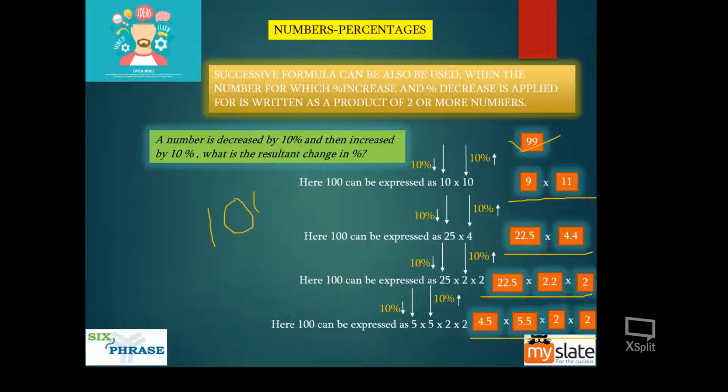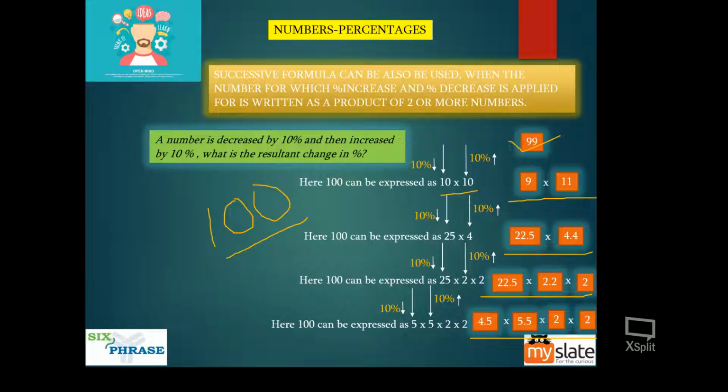You have a number, you can write it in product form, or you can write its factors, whatever you name it, factors or product form. You can apply the same percentage and you'll get the same answer. You can apply the percentage increase and percentage decrease to this number as a whole or as a product of two other numbers.